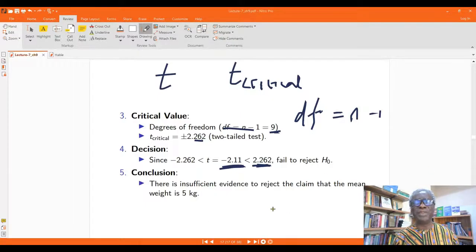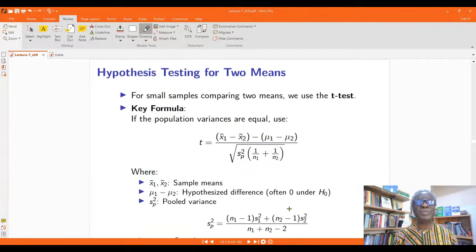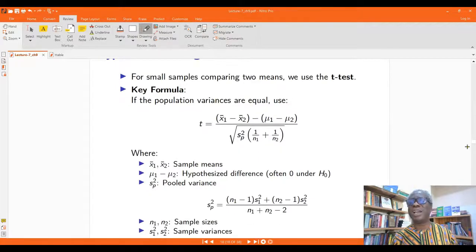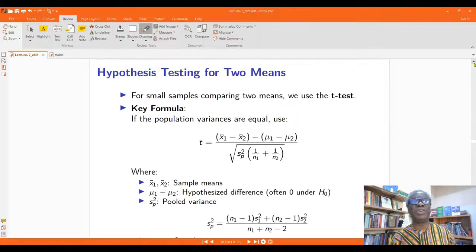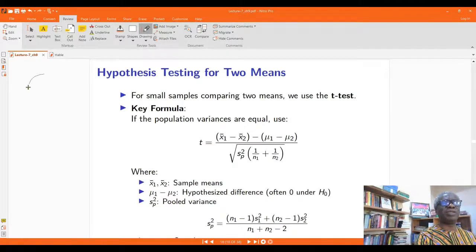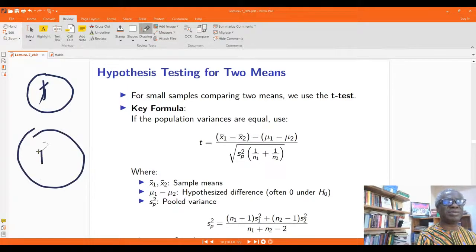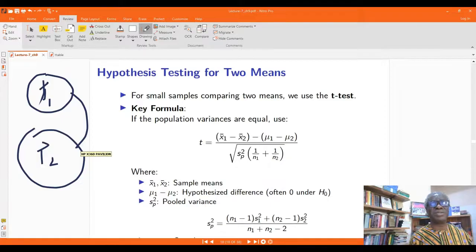So let's move on to situations where we have to deal with two populations. Sometimes you have two populations, population 1 and population 2, and we want to compare the means from these two populations.